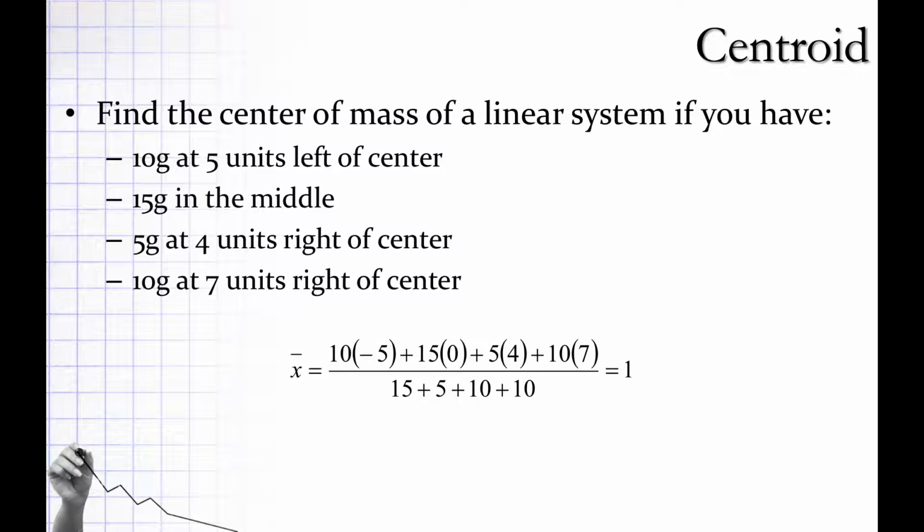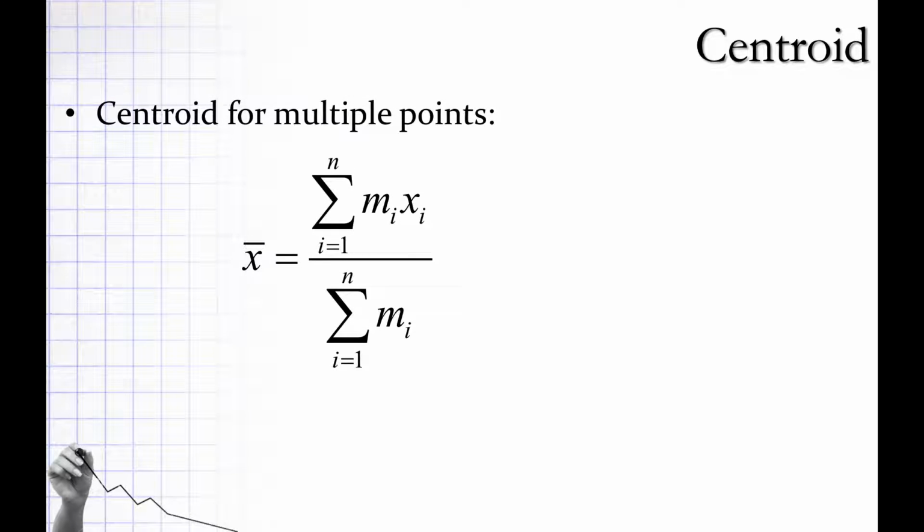Now, you asked about the y coordinate, right? So what happens if we have a two-dimensional object, where we have x distances and y distances to worry about? Distance formula? Not so much.